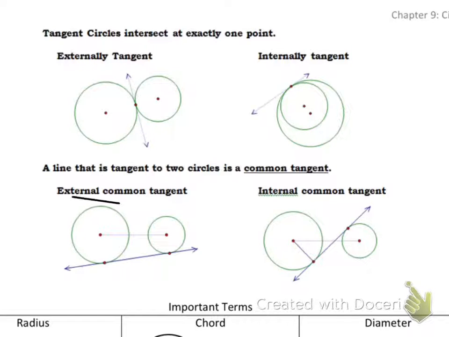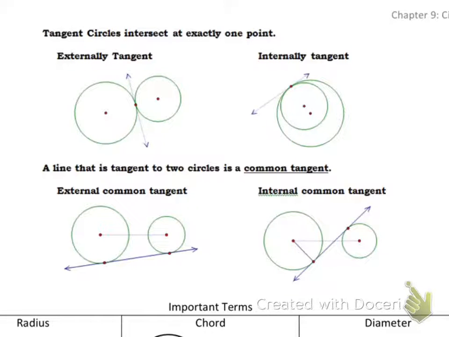Even this would be, well, if it would hit it, it's tough to hit both. That would be external too, as long as it doesn't pass this midline. On the other side, if these 2 circles do not touch, and this line actually passes through that midline, it is called internal.